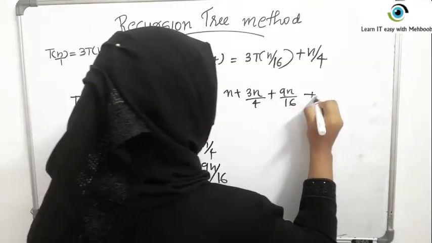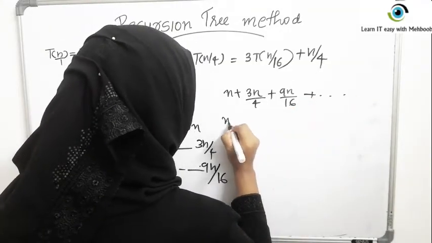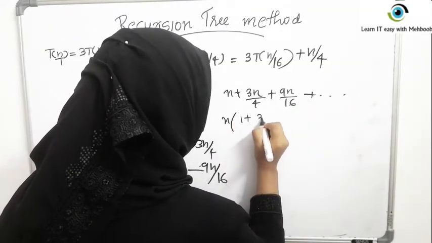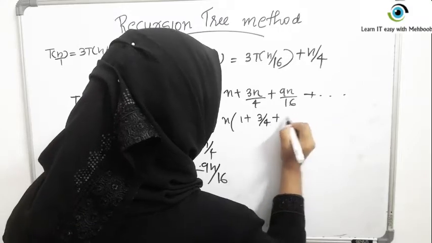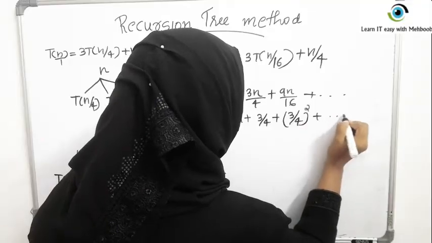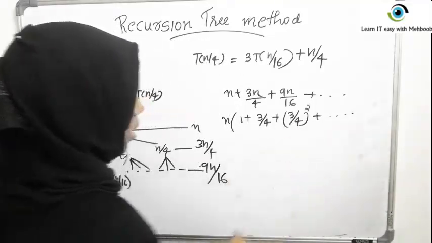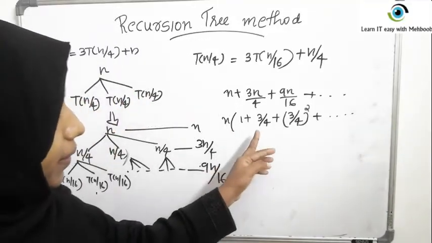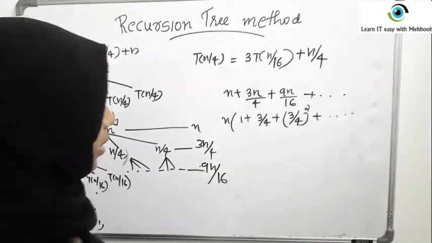Or writing it in a better way, n into 1 plus 3 by 4 plus 3 by 4 the whole square, and it goes on, isn't it? So this is again a GP with common ratio 3 by 4, isn't it?